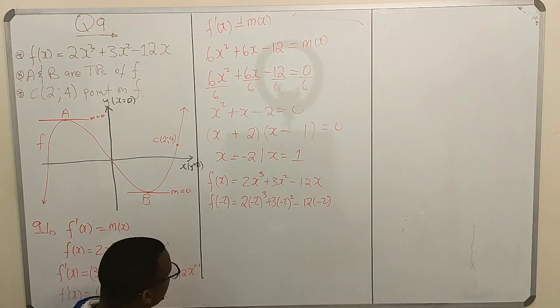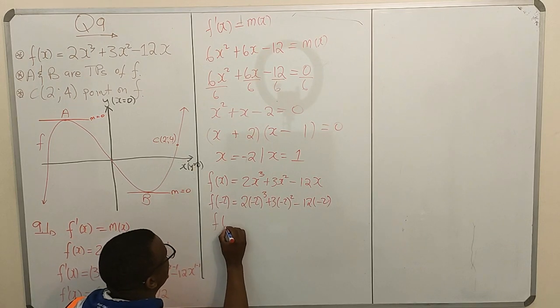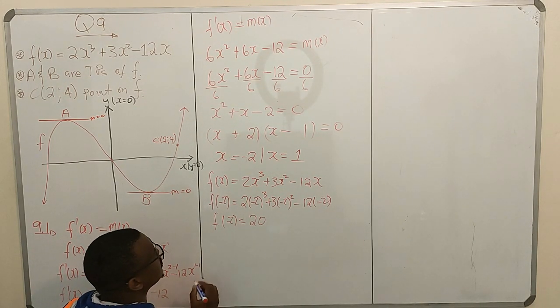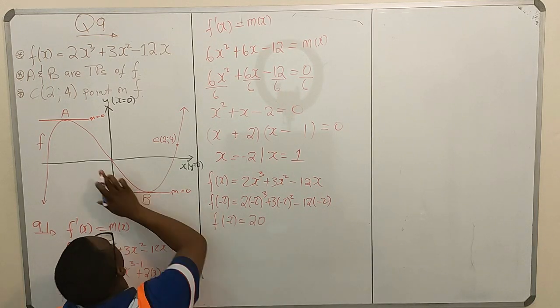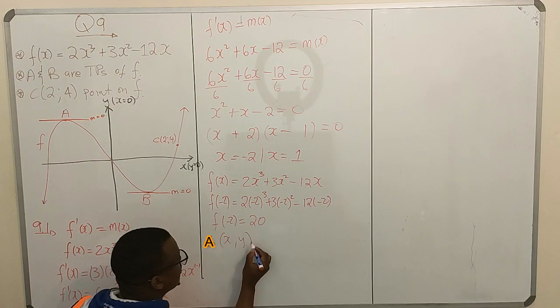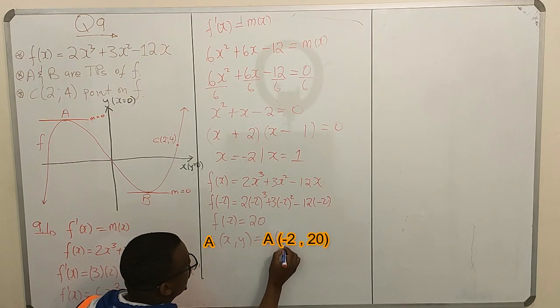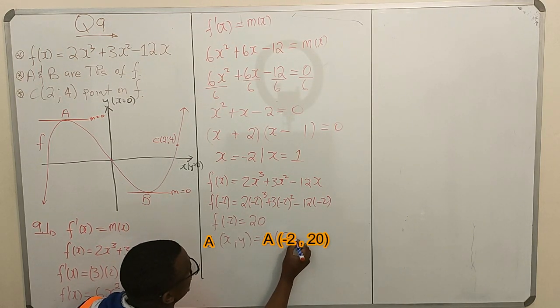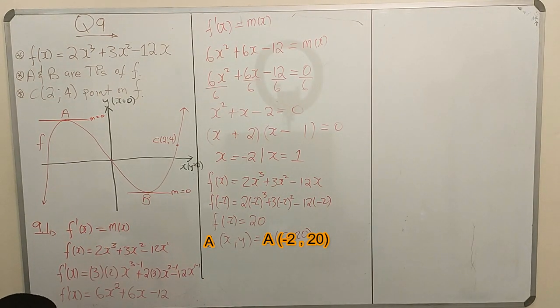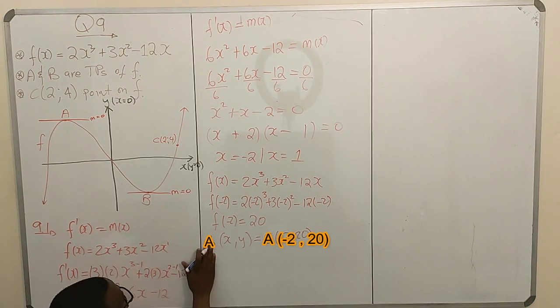So we get that f at minus 2 is equal to 20, right? So we have our coordinates. Our x coordinate is minus 2 and the y coordinate is 20. Done. So these are the coordinates of A.